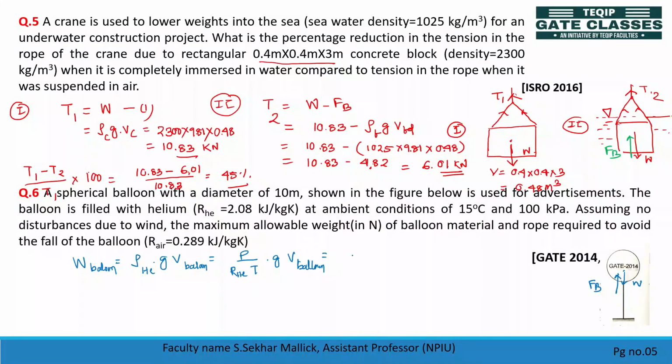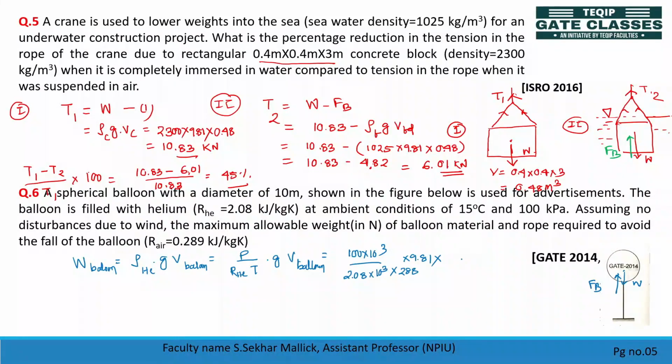So P is given 100 kilopascal, 100 into 10 to the power 3. Then R of helium is how much? R of helium is 2.08 into 10 to the power 3, into temperature 288, into 9.81, into volume of balloon.